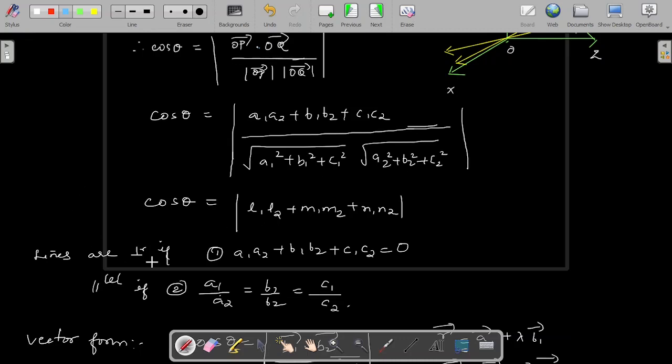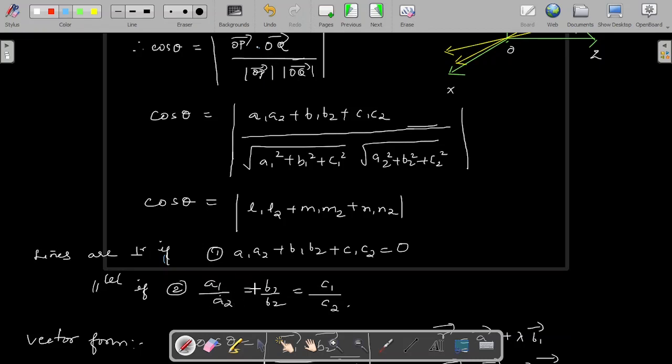When the lines are perpendicular, theta equals 90 degrees, so cos 90 is equal to 0, and a1 a2 plus b1 b2 plus c1 c2 is equal to 0. The lines are parallel if the ratios are proportional, that is, a1 by a2, the direction ratios are proportional.